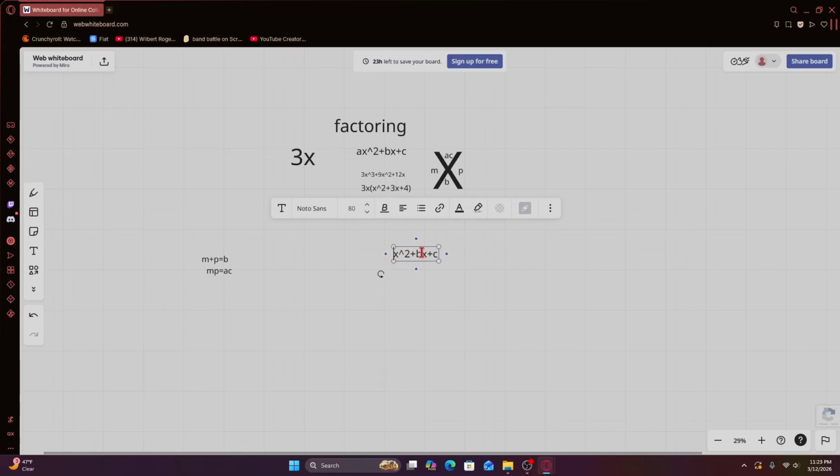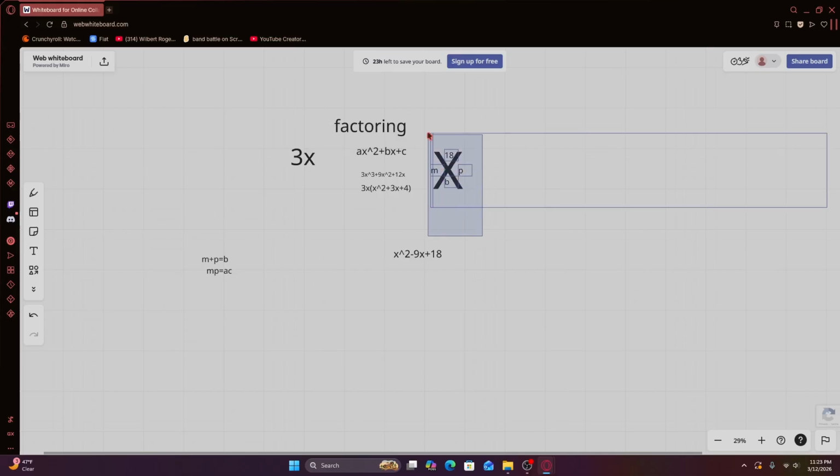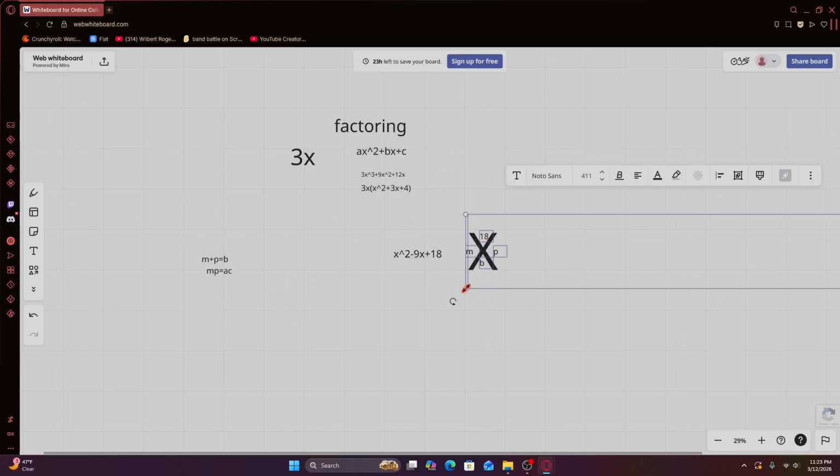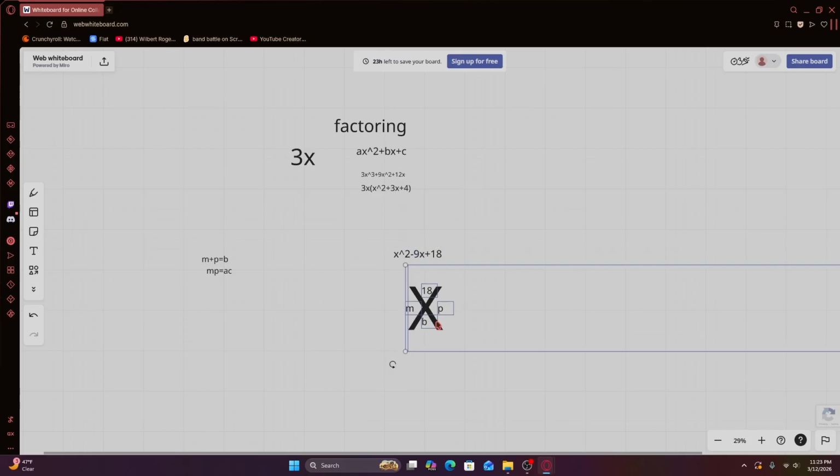So we have x squared plus negative 9, which we can simplify to minus 9x, plus 18. Now, since a is 1, we can just put c up here. So c is 18, and b is negative 9.